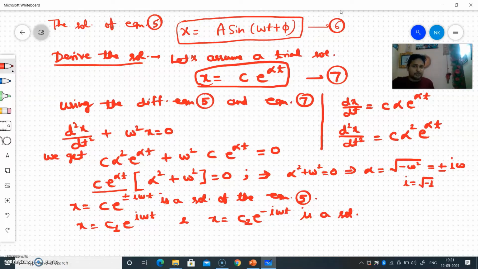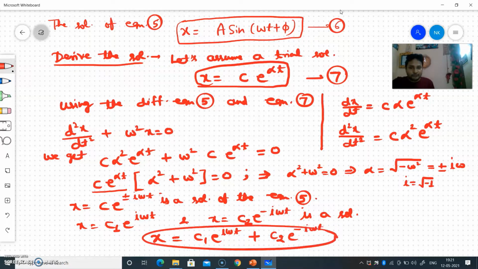So if both are solutions, a linear combination of these two, x is equal to c1 exponential i omega t plus c2 exponential minus i omega t, will also be a solution of equation number 5.